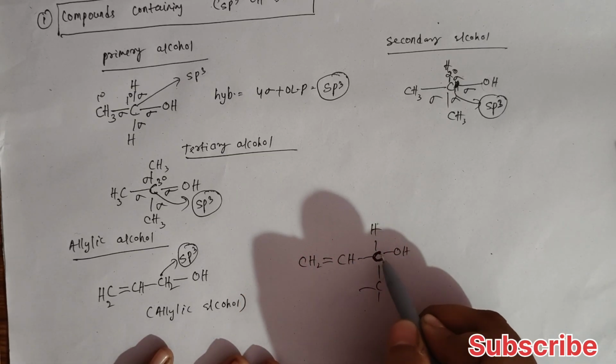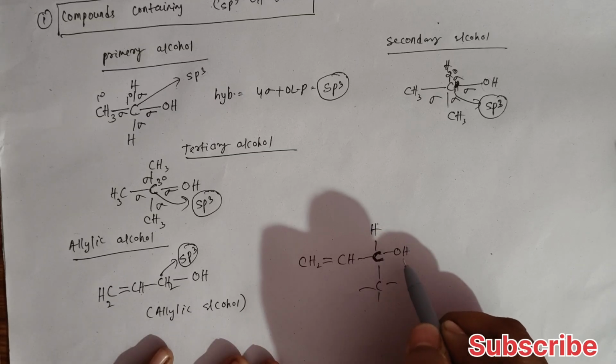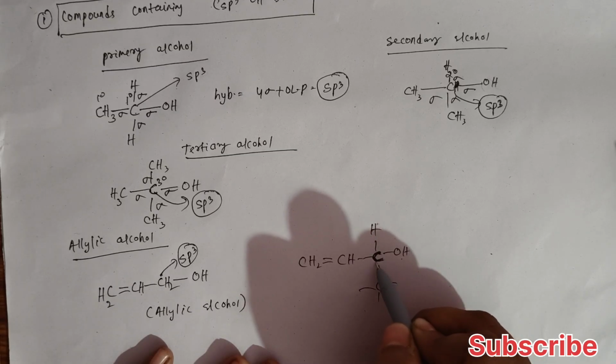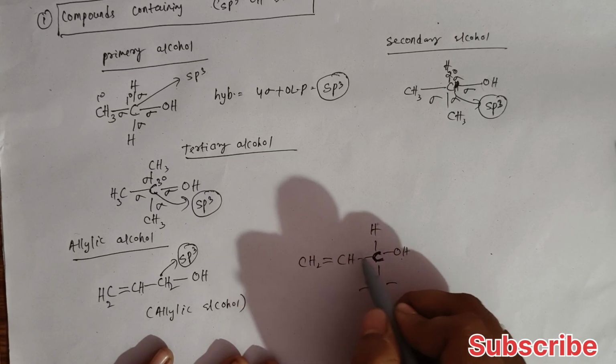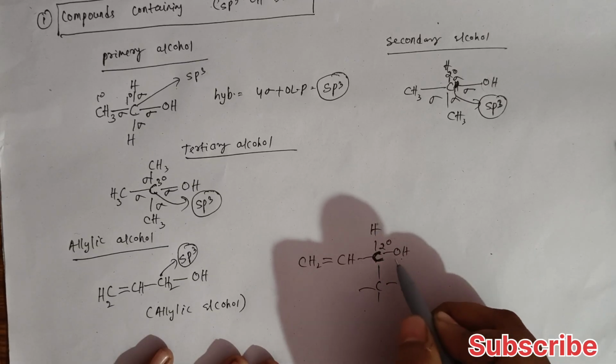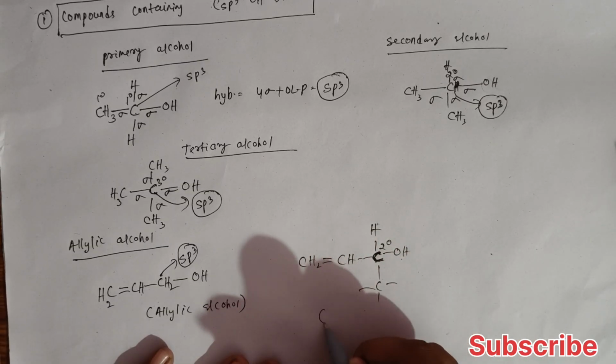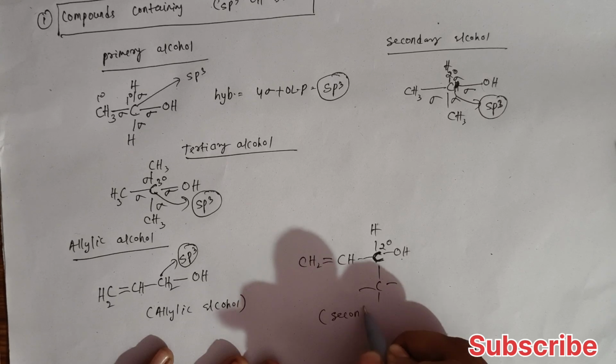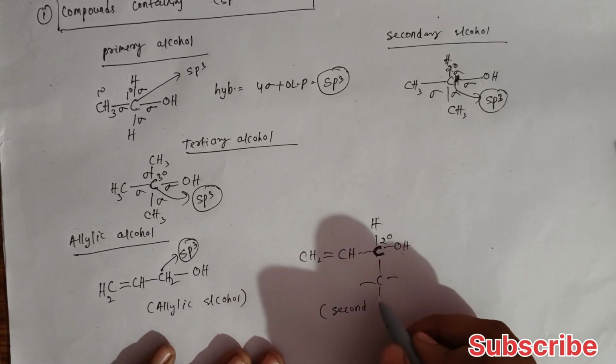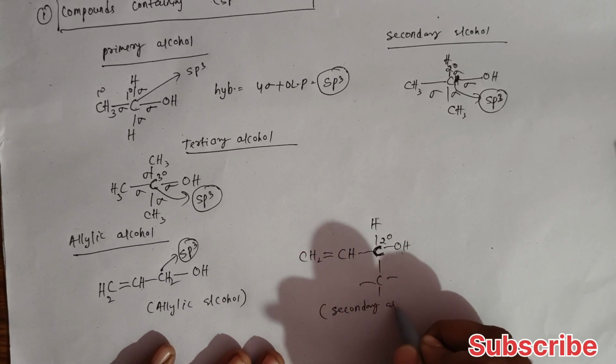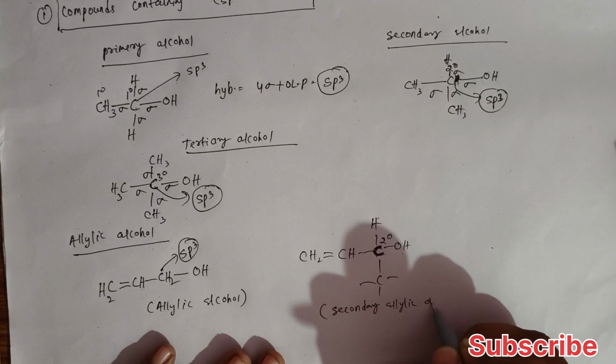If any carbon atom is directly attached to one functional group and the same carbon atom is directly attached to two carbon atoms, then that is called a secondary carbon atom. So it is called a secondary allylic alcohol.